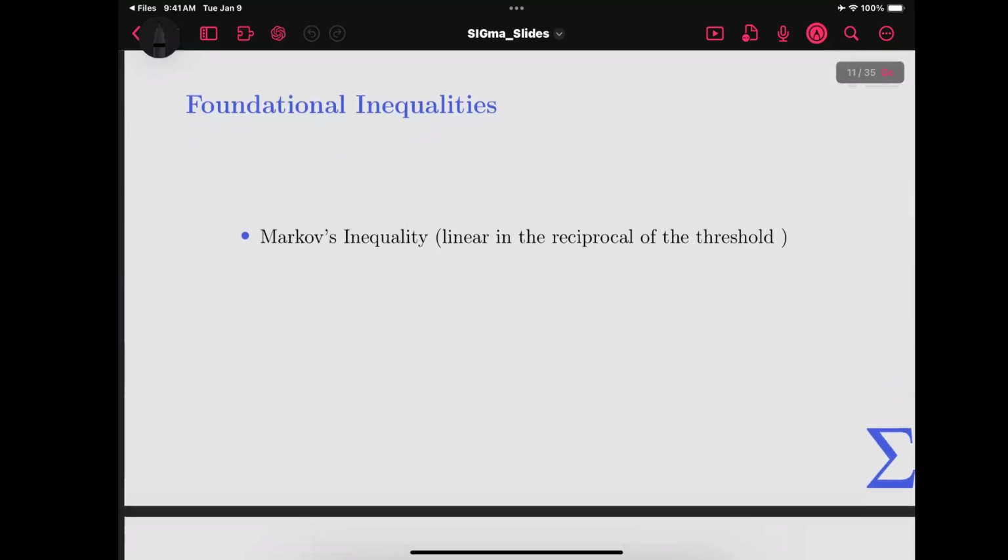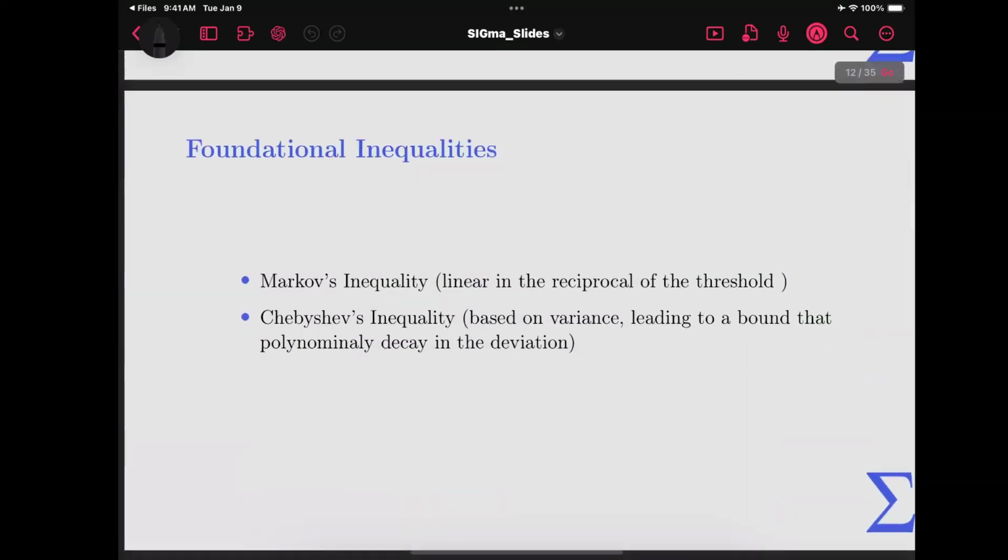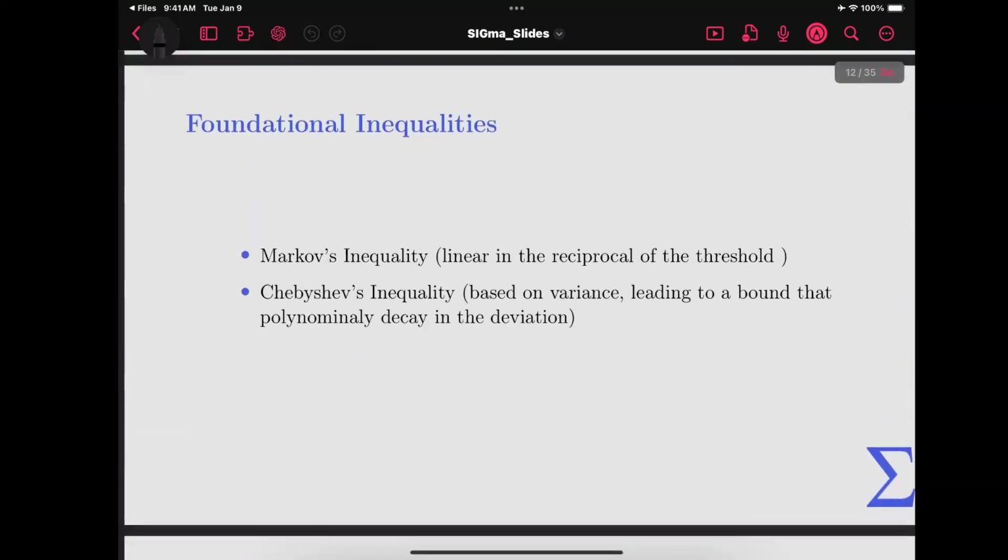Another one is Chebyshev's inequality, where you use your variance instead of the expected value to see where your x is going to be bounded. These are two really foundational ones, but they are weak, because Markov is literally just linear and Chebyshev's is literally just polynomial, when you know that in machine learning there are a lot more parameters than just those two simple lines.